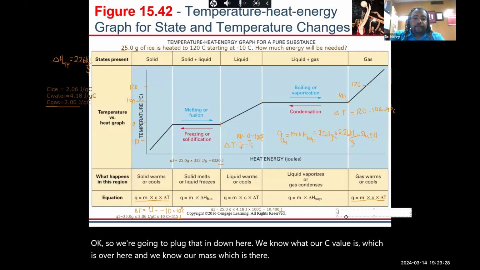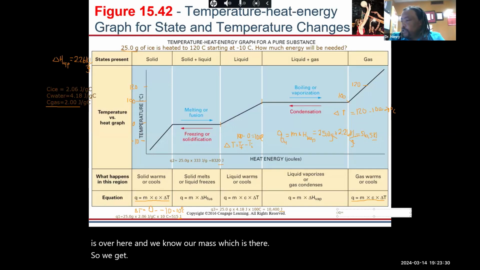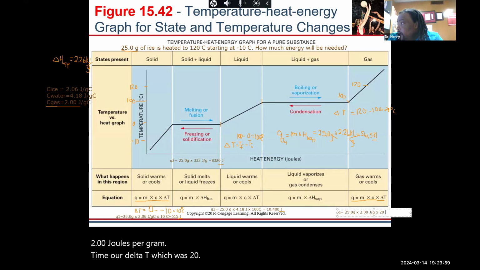So Q is going to be equal to 25.0 grams times 2.00 joules per gram times our delta T, which was 20 degrees Celsius.